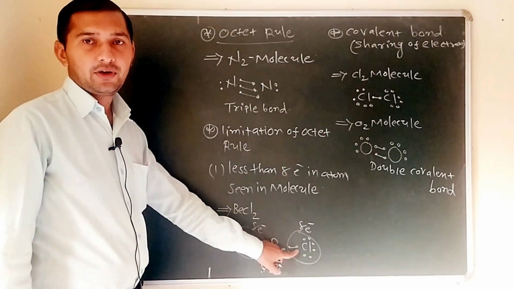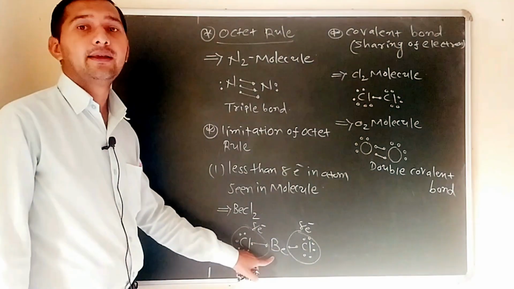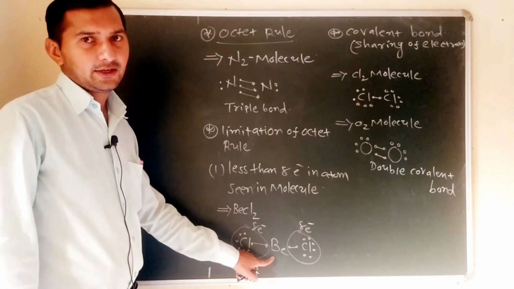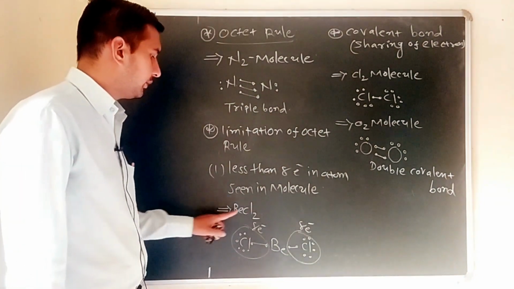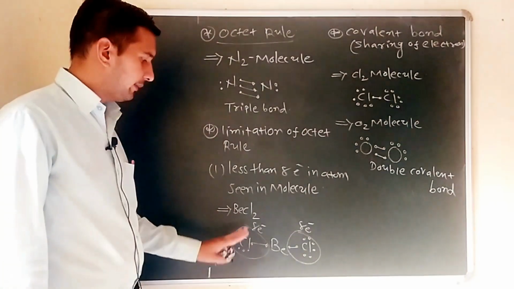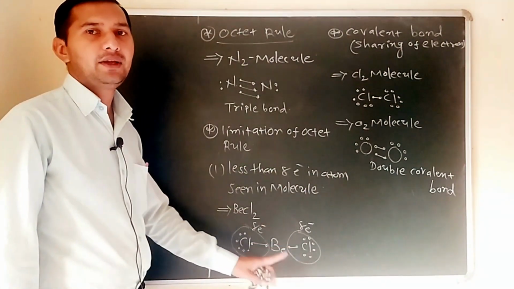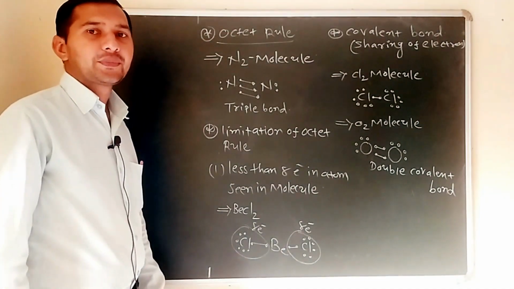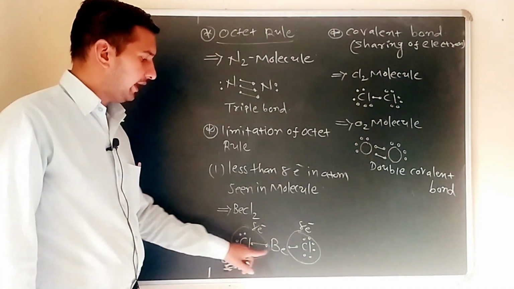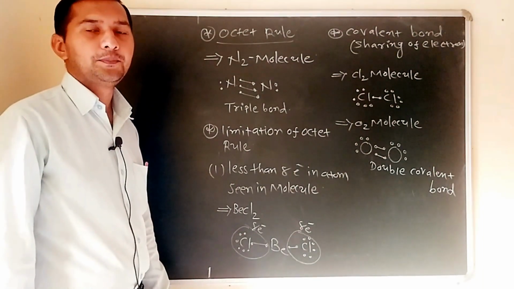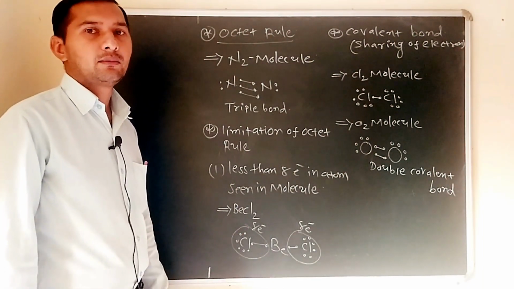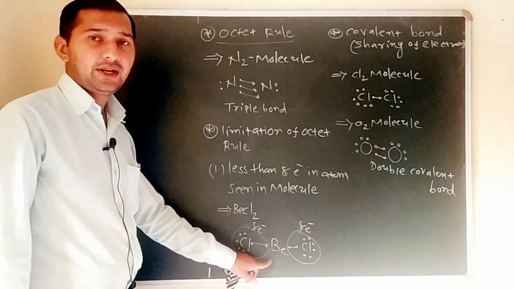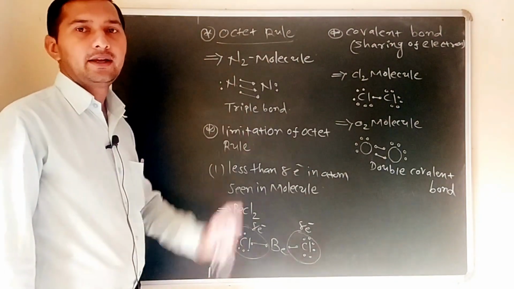So with 2 shared pairs of electrons, there are 4 valence electrons seen in beryllium, which is less than 8 electrons. But even so, this BeCl2 is a stable molecule. The shape or geometry of this BeCl2 molecule will be linear in nature, right? So this is the first example which explains that even though the central atom, or any one atom in a given stable molecule, does not have 8 valence electrons in its outermost shell, they are still stable in nature. So here one atom, beryllium, does not follow the octet rule.